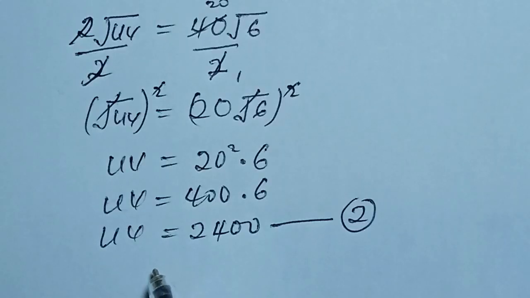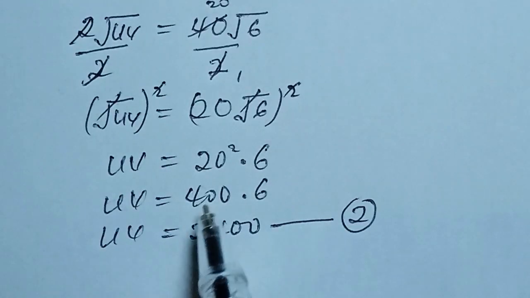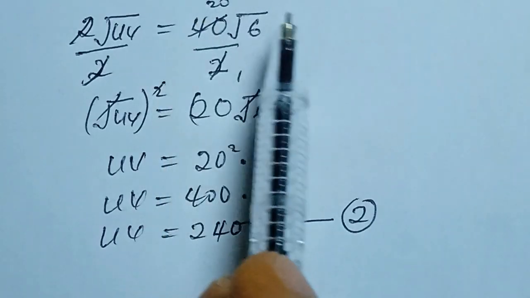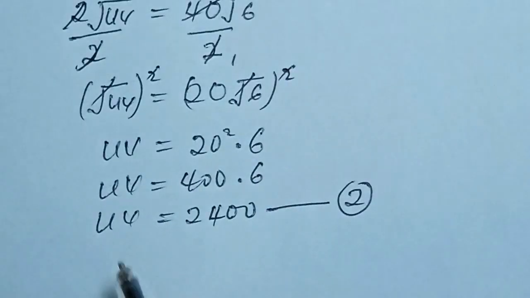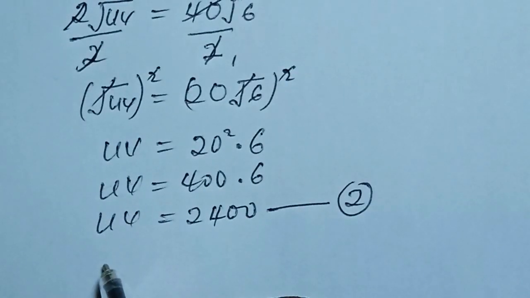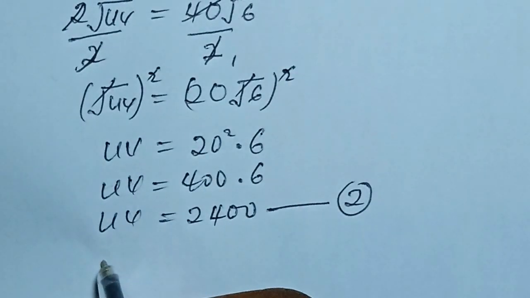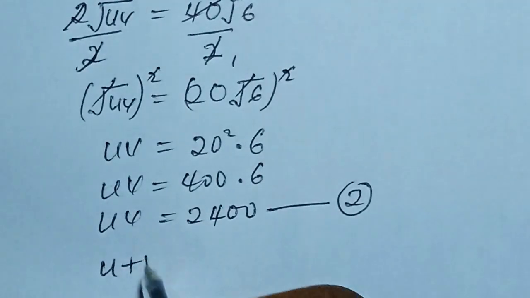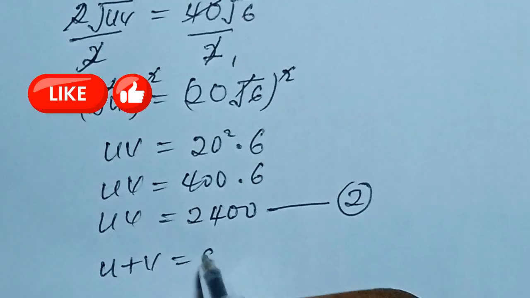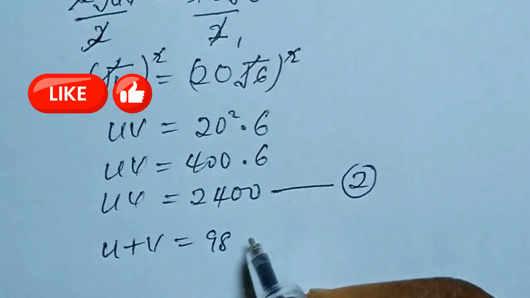Now here, the next thing we need to do is, from our equation 1 over here, we derive the expression for v. Equation 1 implies u plus v equal to 98.